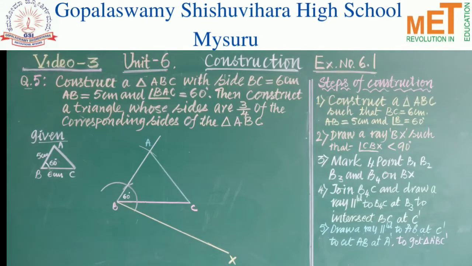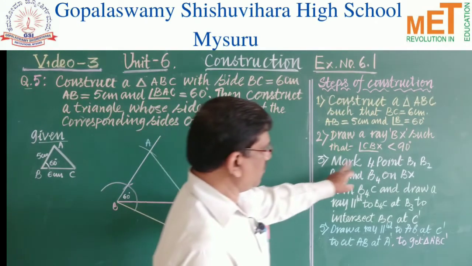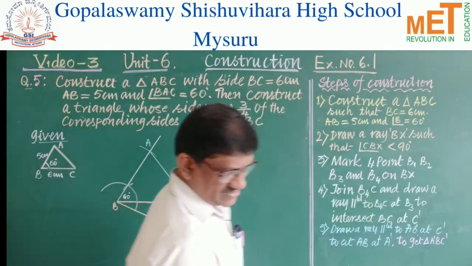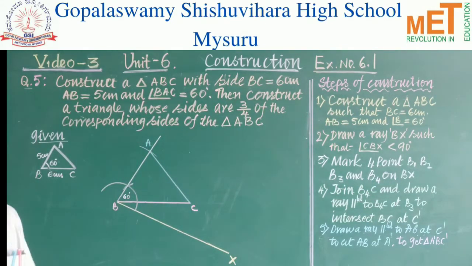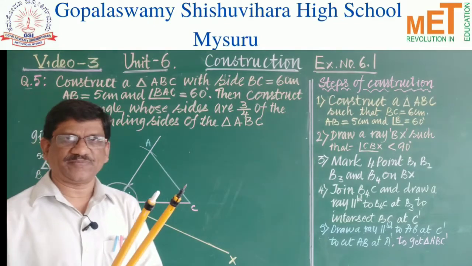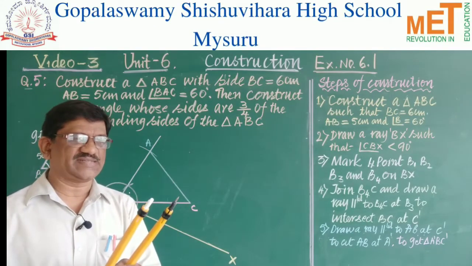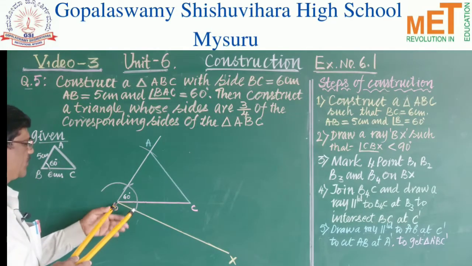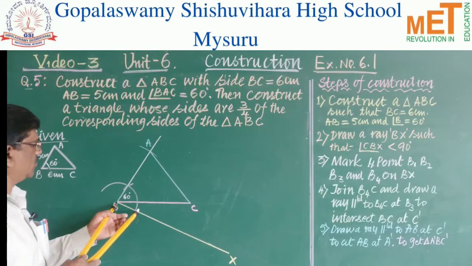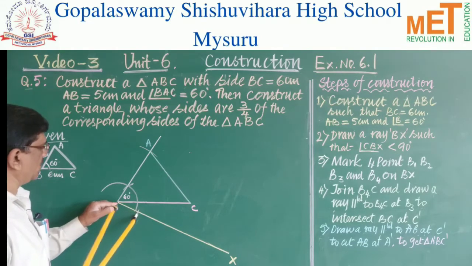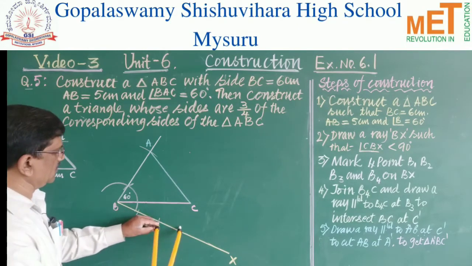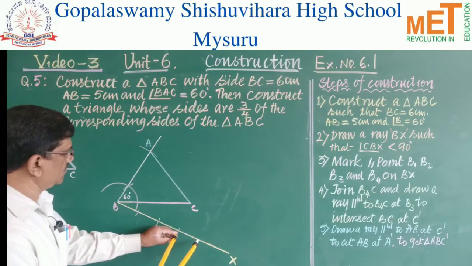Next, after that what do we have to do now? Mark 4 points B1, B2, B3, B4 on BX. So, once again, with a convenient radius, with B as a center, mark 4 points, children. It is 1, 2, 3, and this is the 4.